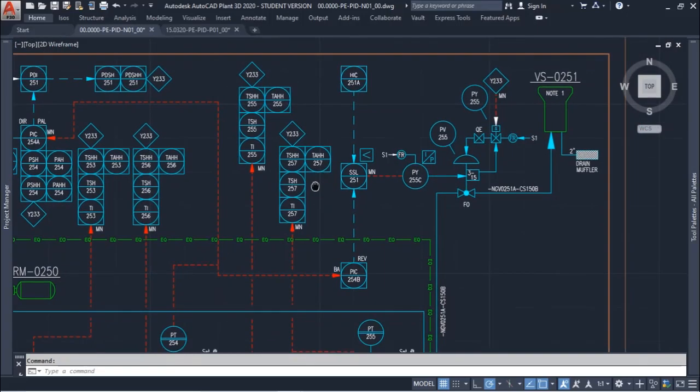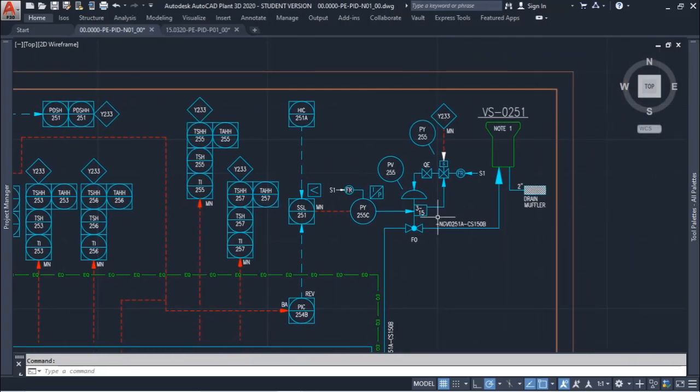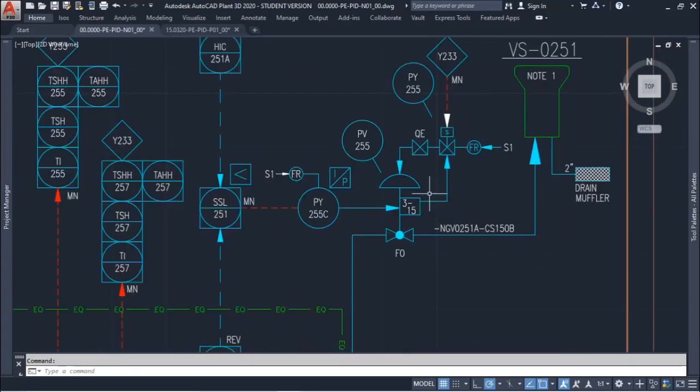And you can see that the information in the control valve is also different than in the previous P&ID. Here we have the indication of the range of the signal that controls the control valve.